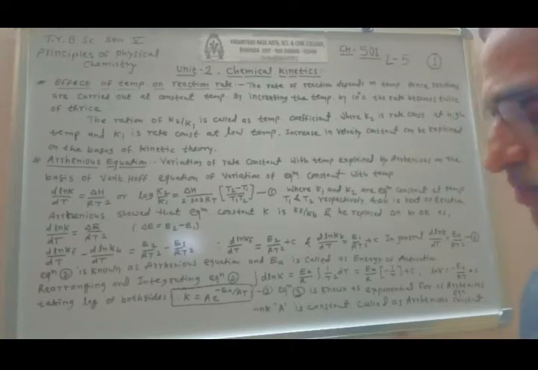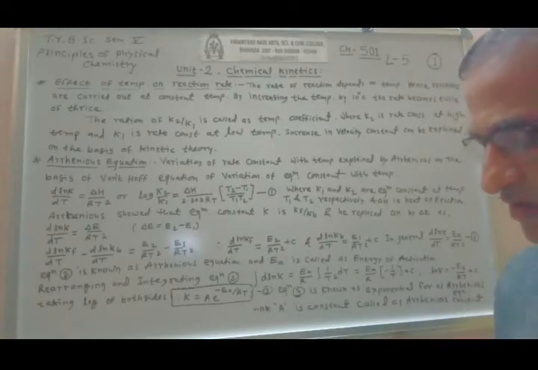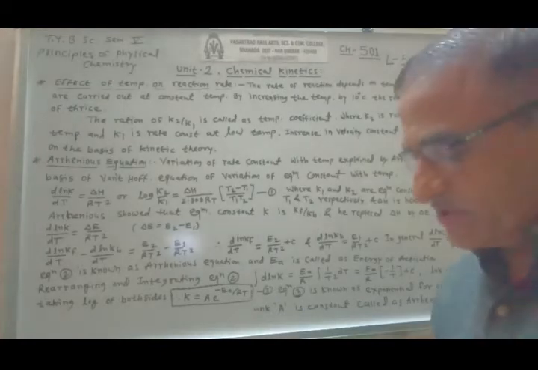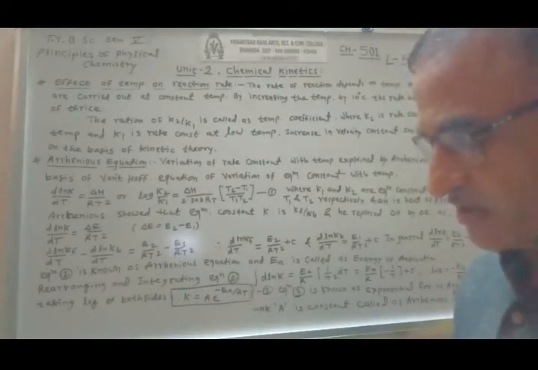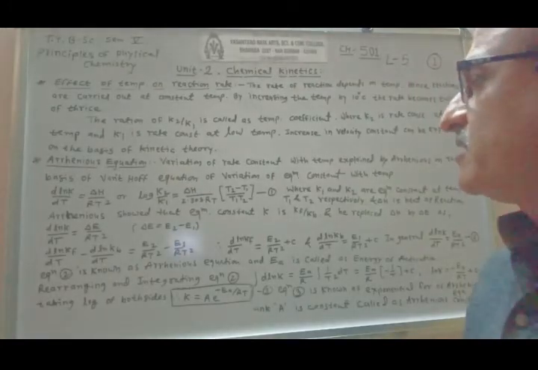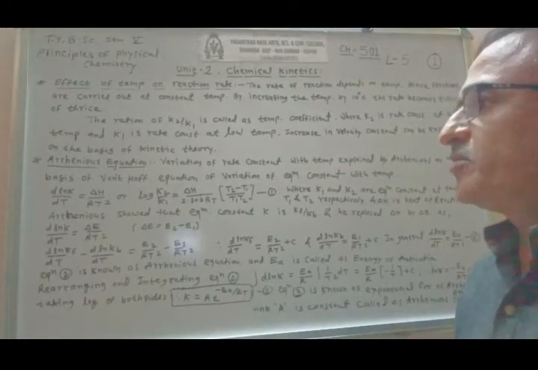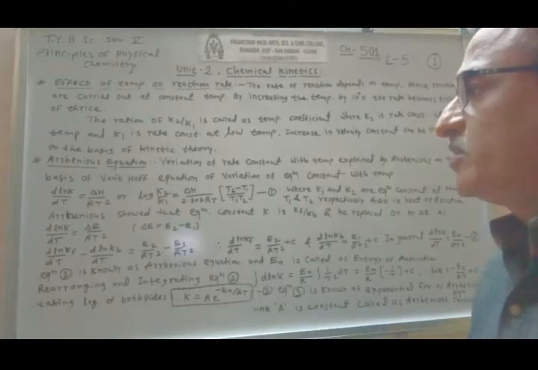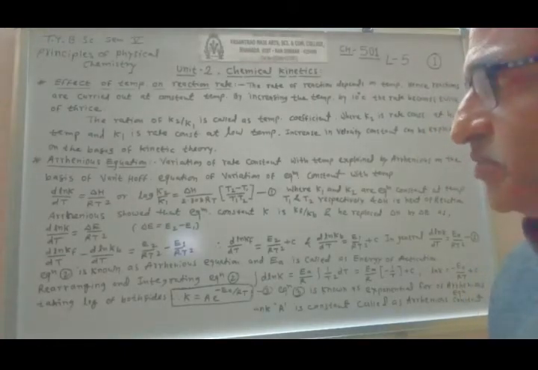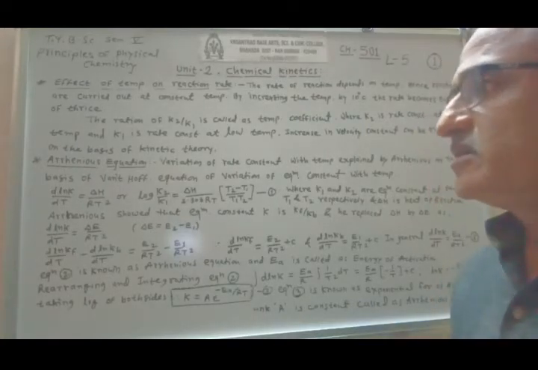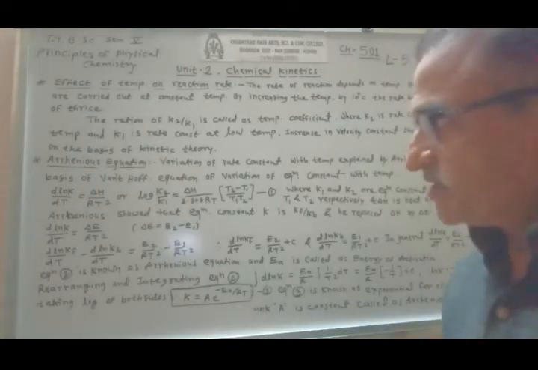Usually a 10 degree centigrade interval is taken for determination of the temperature coefficient, which is the ratio of the rate constant at the higher temperature to that at the lower temperature. Now we have to derive the Arrhenius equation.